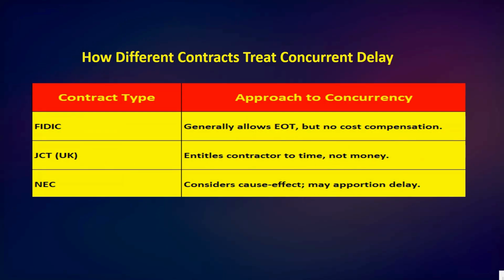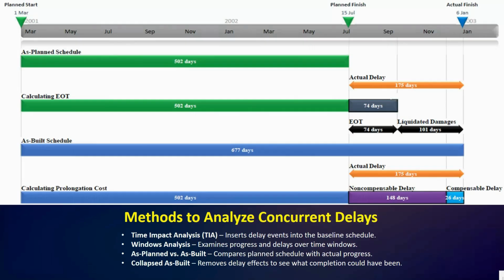Last, NEC considers cause and effect and may apportion delay. Always check your contract clauses, because concurrency outcomes depend heavily on the form of contract used.